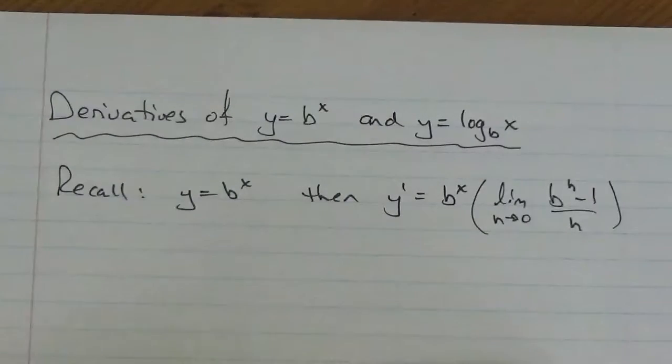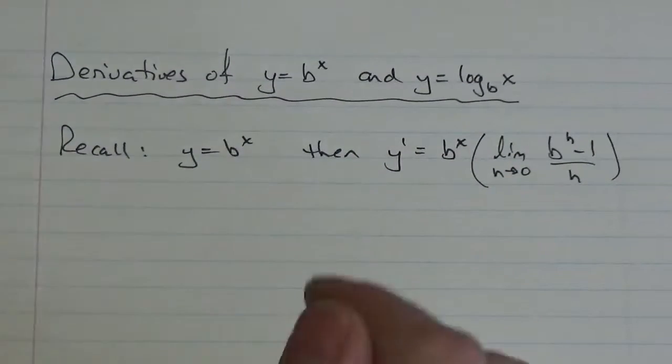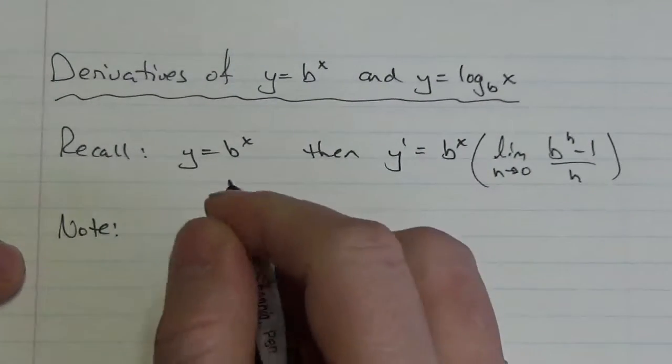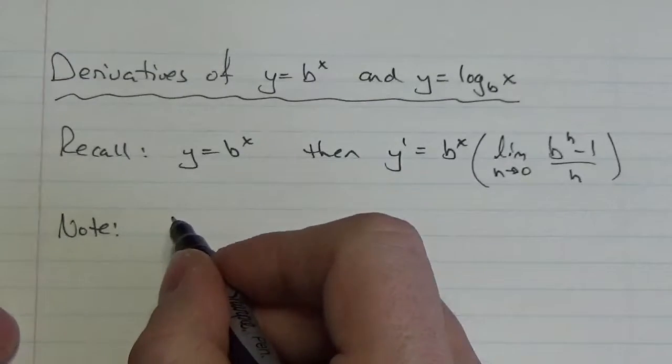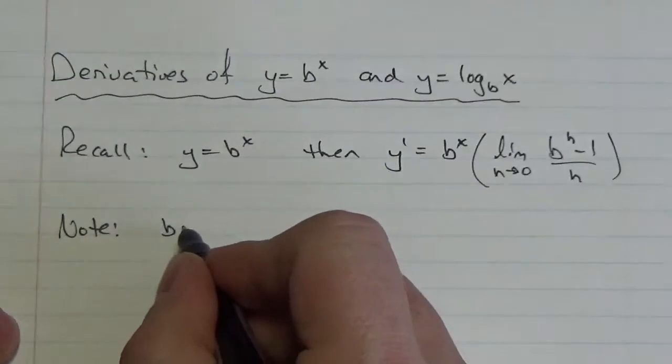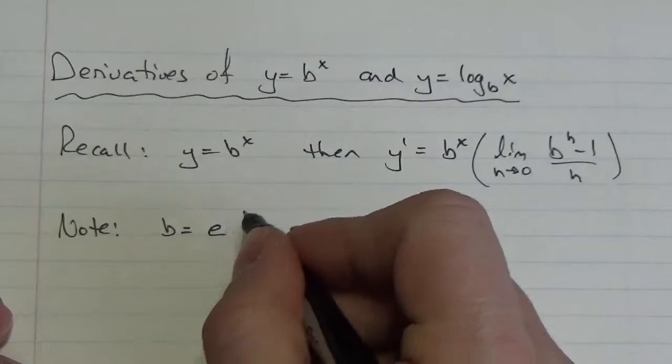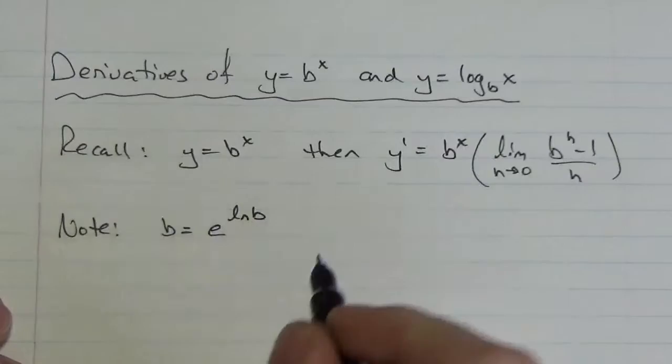However, there is a cute little shortcut that we can take. Note that this is true: you might have to stop and think about this for a little bit, but the base b can be written as e to the natural log of b.